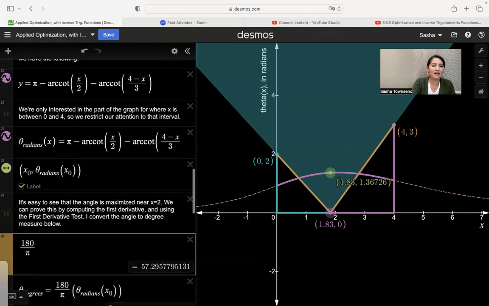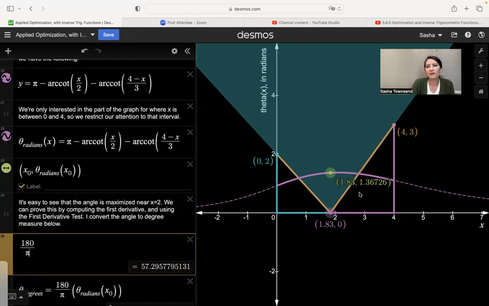If we want that value in degrees rather than radians, we multiply by 180 degrees divided by pi radians. 180 divided by pi is about 57.3, so there are 57.3 degrees per radian.